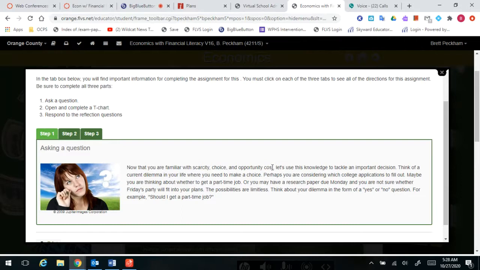Opportunity cost is what you have to give up in order to get what you're choosing to do or get. Opportunity cost is your next best alternative.